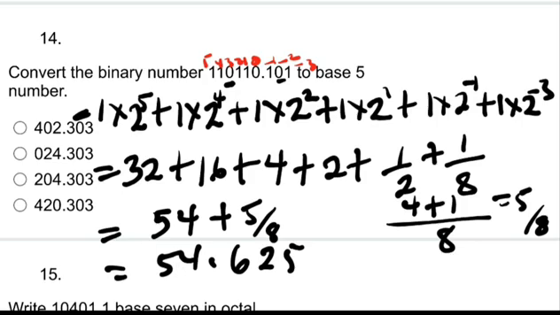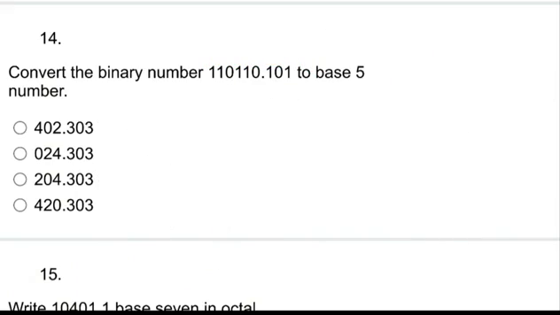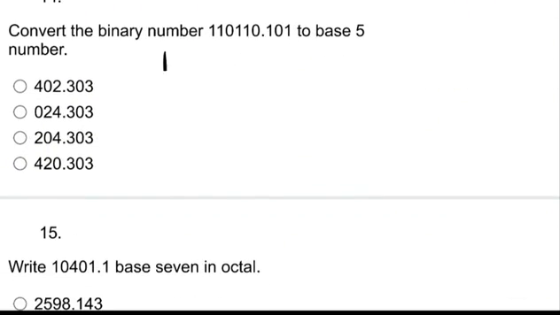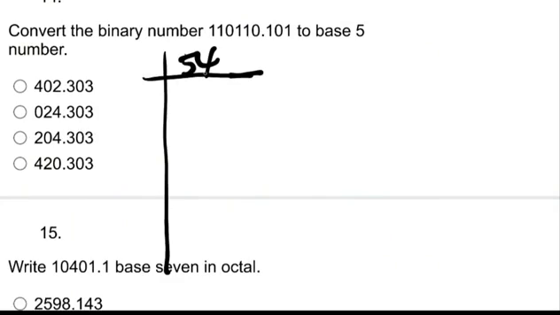We're going to change this one to base 5 now. 54.625. So let me clean this, and then we multiply the decimal part. This is very long, right? So that means we're going to change 54 to base 5, then the remainder here.